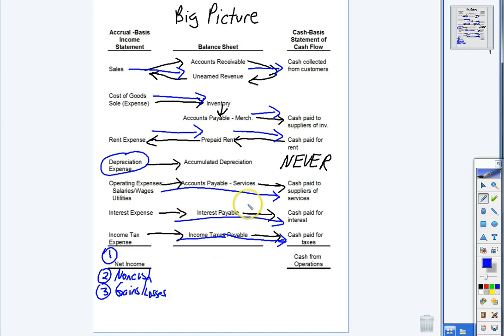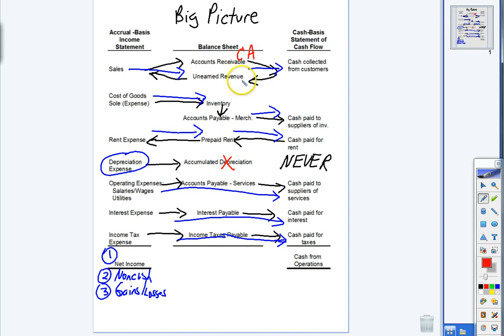Now, let's go to the balance sheet and really look at these other balance sheet accounts, other than accumulated depreciation. What do they all have in common? Let's stop and think about it. What's the common factor of all of these accounts? So let's think about how these are classified on the balance sheet. Accounts receivable, that's a current asset.